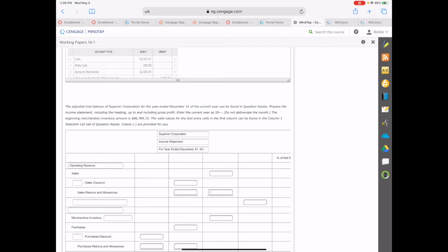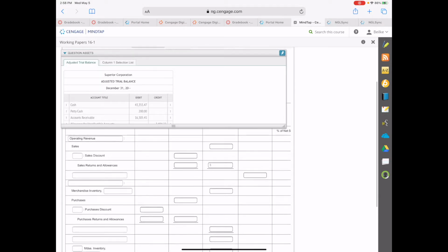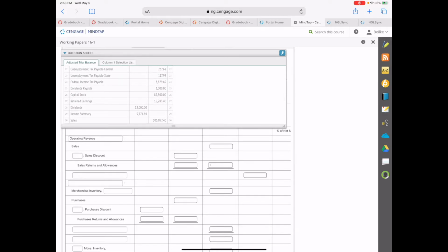So we're going to go find the amount for our sales. As I scroll through my adjusted trial balance, my sales amount is listed right there at the bottom, you can see. So that amount is going to go in this blank, $505,897.40.